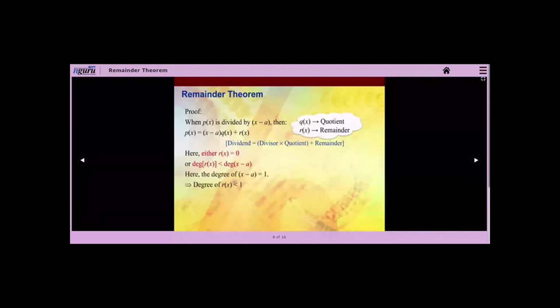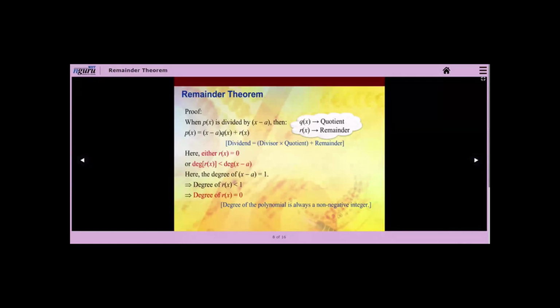Here the degree of x minus a is equal to 1, which implies that the degree of the remainder must be less than 1. Therefore, we can conclude that the degree of the remainder must be 0, as it is defined that the degree of the polynomial is always a non-negative integer.